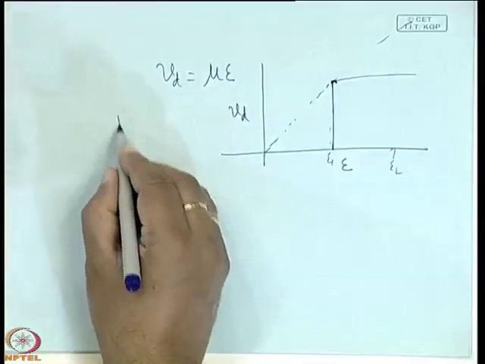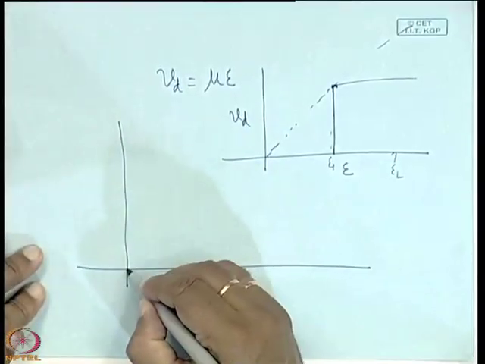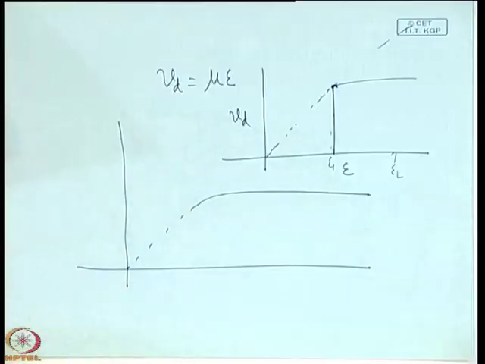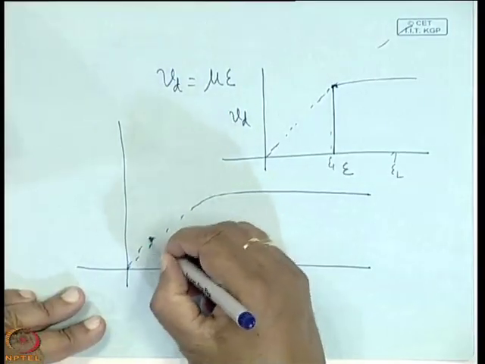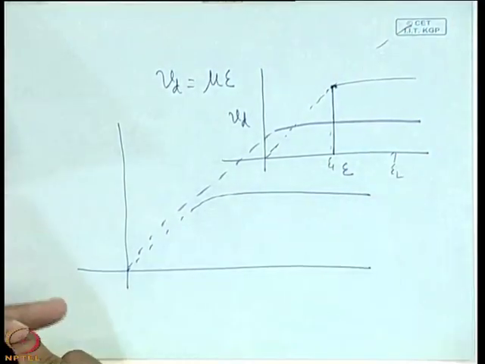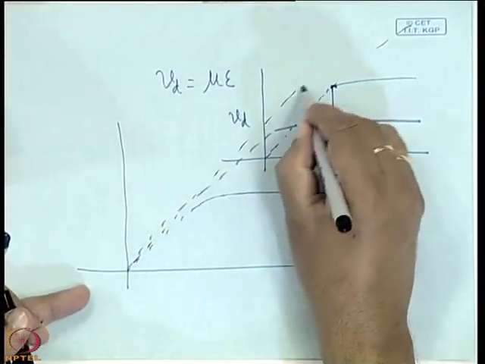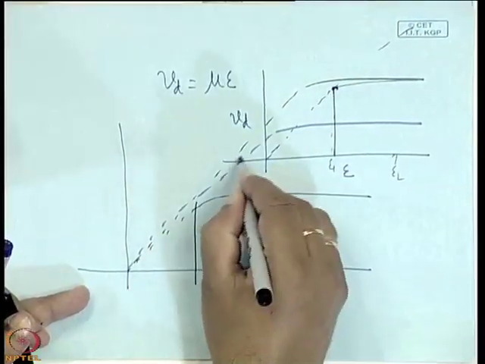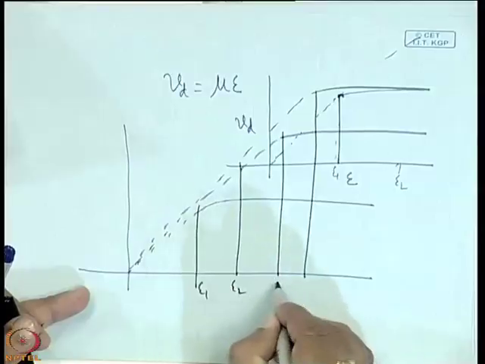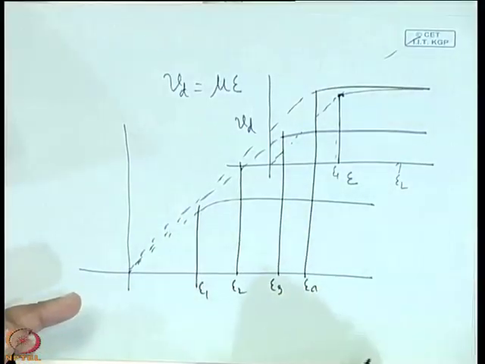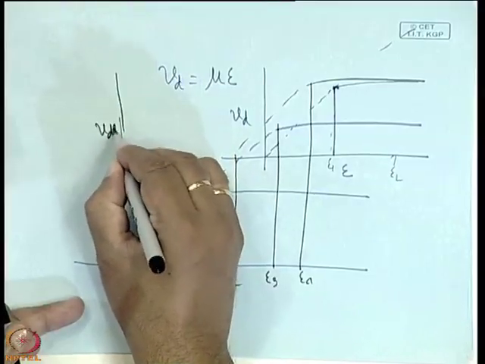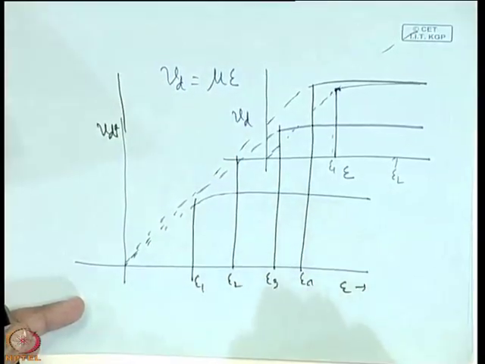Now if you plot this curve, and then the second one is like this, and the third one is this one, you see that the saturation values are E1, E2, E3, E4 etc. So high saturation drift velocity means the drift velocity saturates at high electric field.